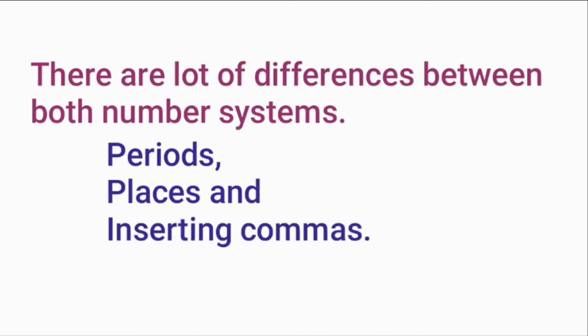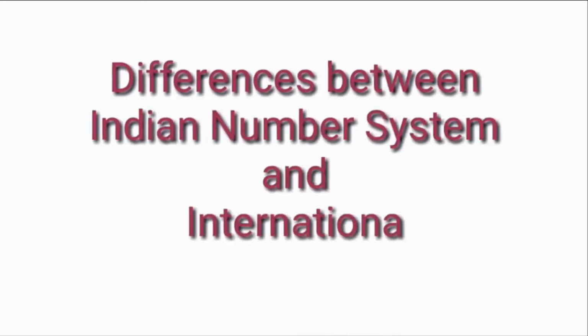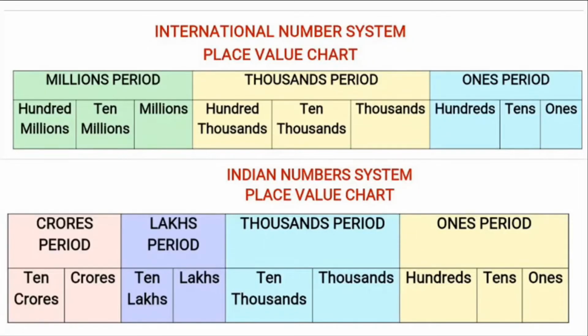So for understanding the differences, we will have international place value chart and Indian place value chart. In the international place value chart, the ones period is divided into 3 parts, and in Indian number system, the ones period is also divided into 3 parts.